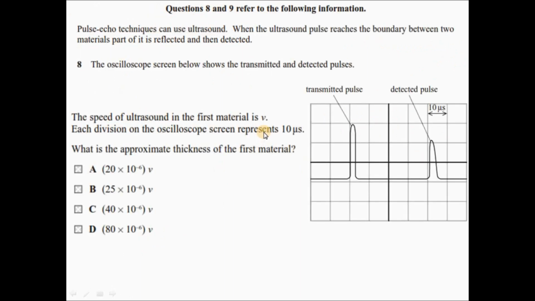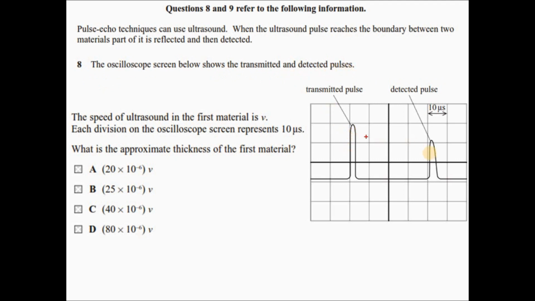Questions 8 and 9 refer to the following information. Pulse echo technique can use ultrasound. When the ultrasound pulse reaches the boundary between two materials, part of it is reflected and then detected. The oscilloscope screen below shows transmitted and detected pulses.